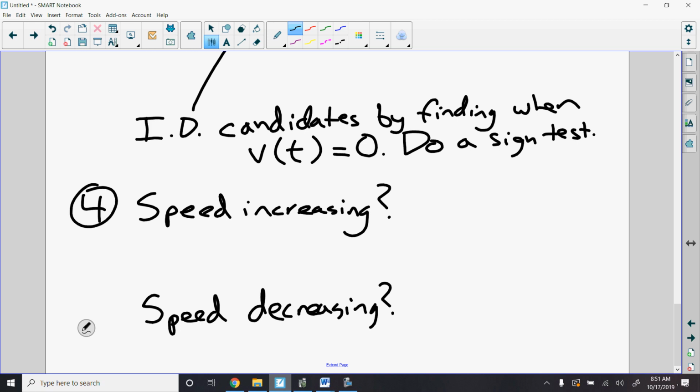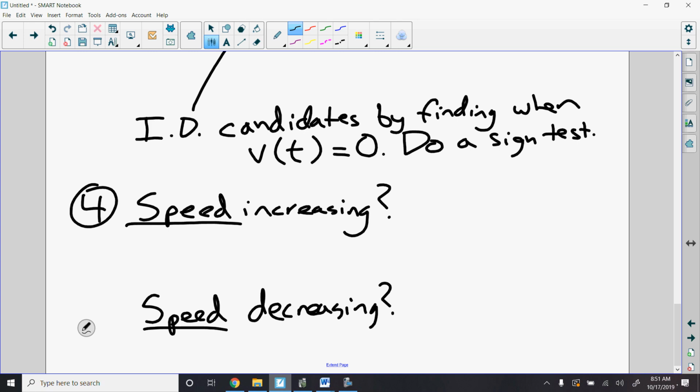Again, anytime you see this word speed, you need to be very careful. Sometimes people think, oh, this is just whether the acceleration is positive or negative. But it's more than that.